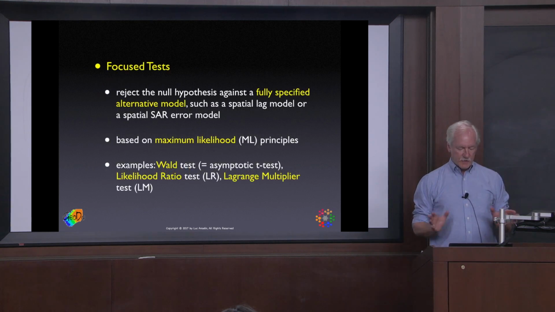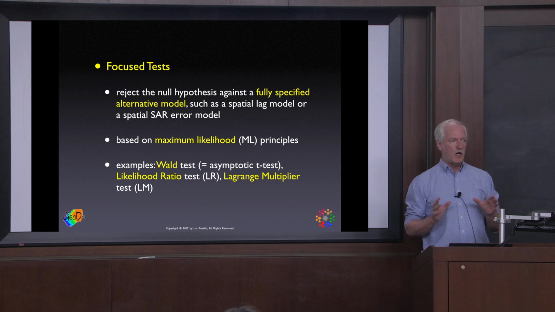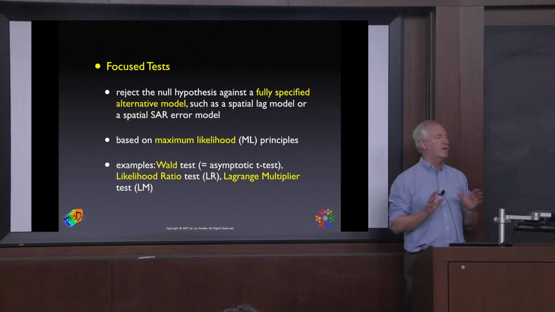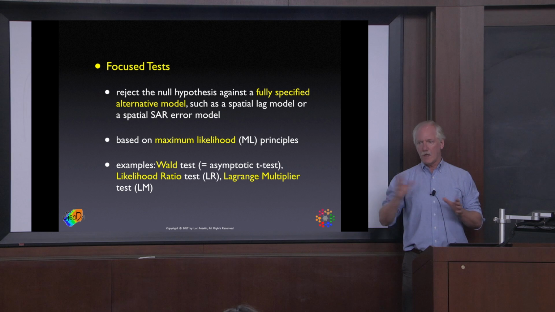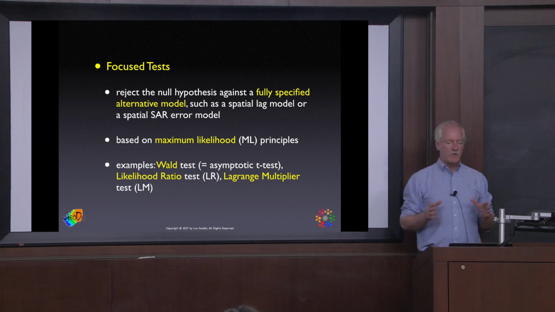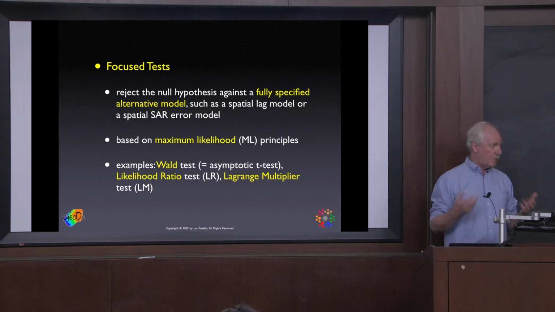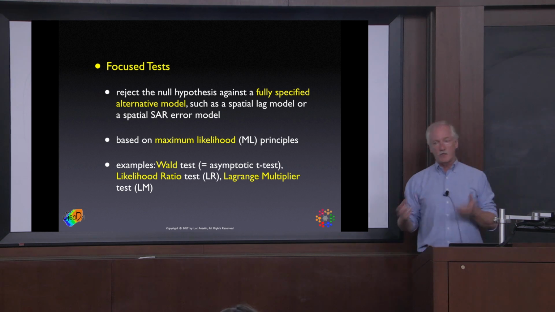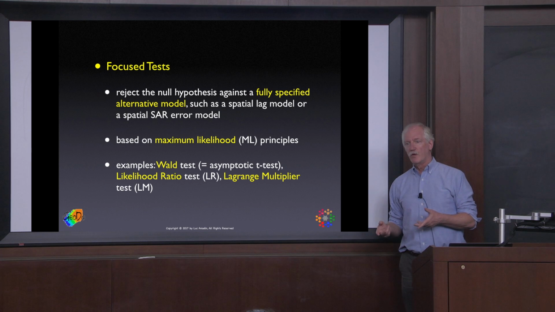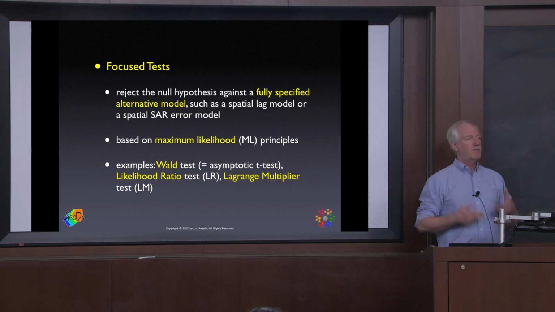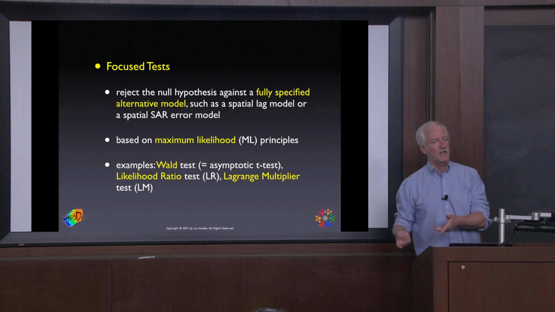Then the focus tests are much more complicated in a sense. In the end, it's not, but the way you get there is much more complicated, because you need a fully specified model, which means you have to make assumptions, which means some of these assumptions may not hold, which means you have specification tests in some sense.